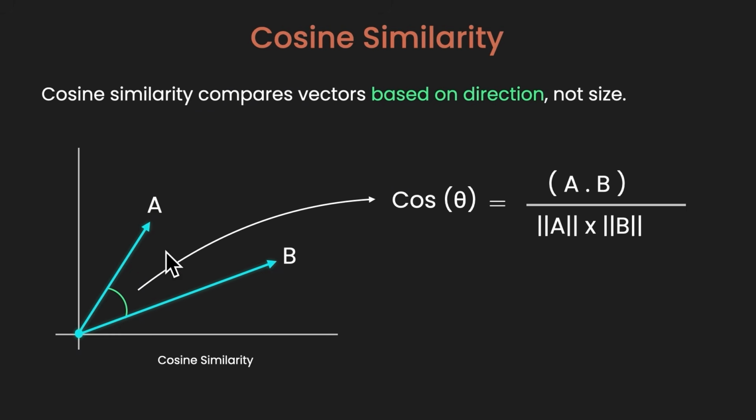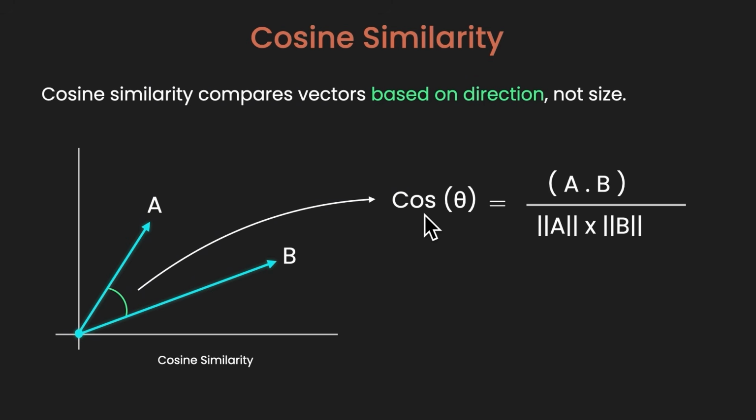So instead of asking what is the distance between A and B, all we care about is whether A and B are pointing in the same direction or not. So if two vectors A and B are pointing in the same direction, the angle between A and B would be very small, which means A and B would be in the same direction. And if this angle increases, it means they are in different directions. Now we'll discuss in detail all these angles. For now, just know that cosine similarity compares vectors based on direction.